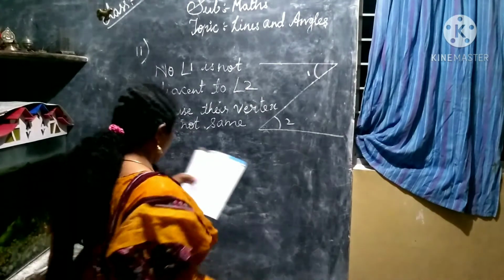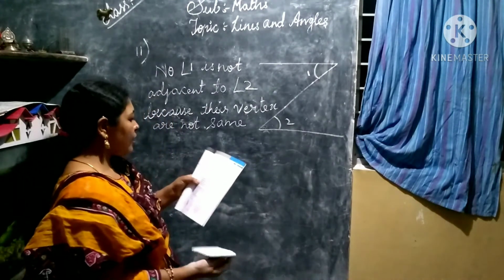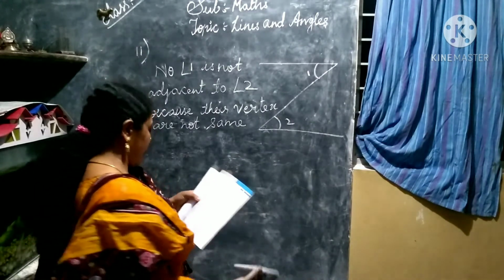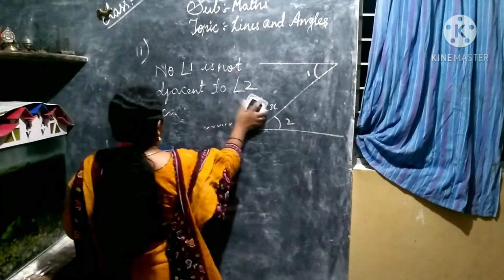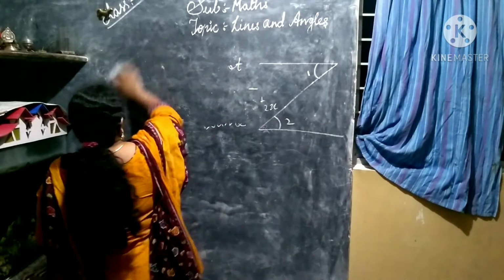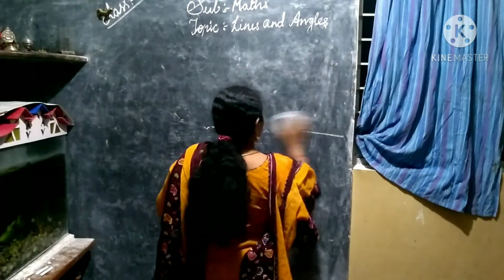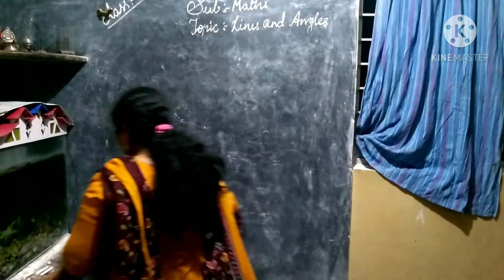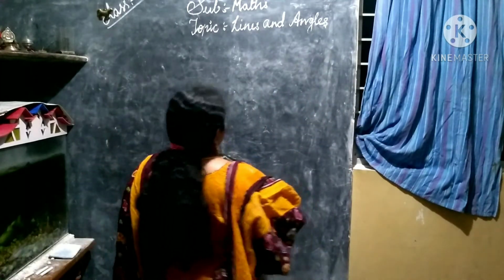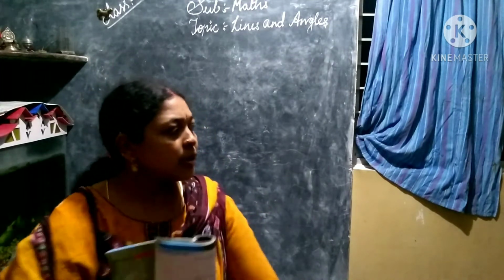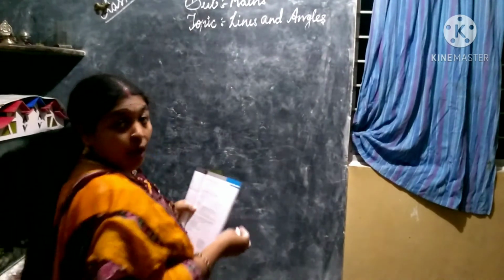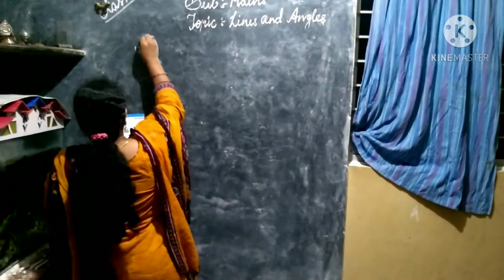Now look at the 12th one. Find the value of x, y and z in each of the following. So two questions they have given here. In these two questions you have to find the value of x, y and z. Look at the 12th question, children.